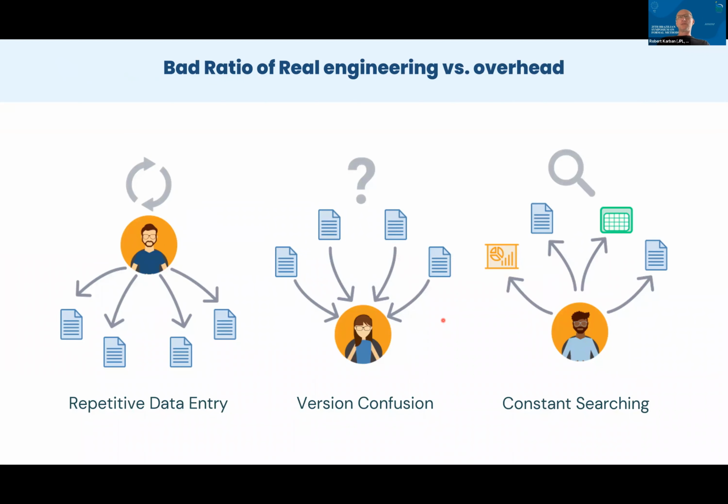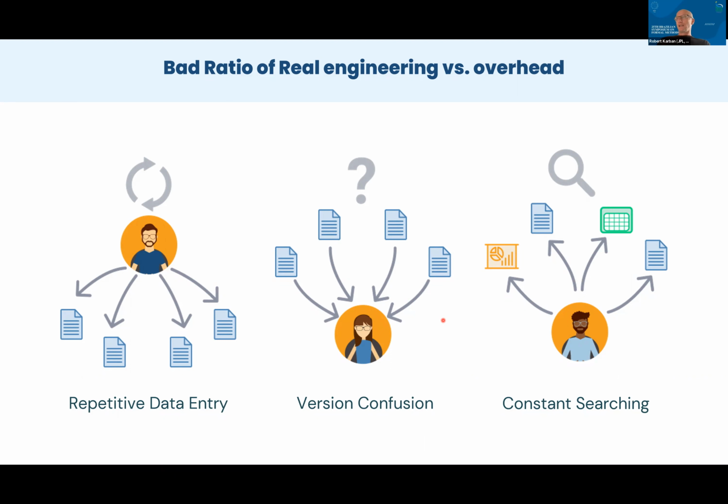What we observed is that there's a bad ratio of the real engineering that people do versus the overhead. They have to repetitively enter data in spreadsheets or another spreadsheet, and different people enter data. There is this version confusion: among all the spreadsheets, documents, PowerPoints, what is the right version? And the constant search for the right information.